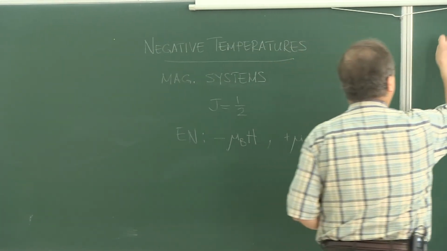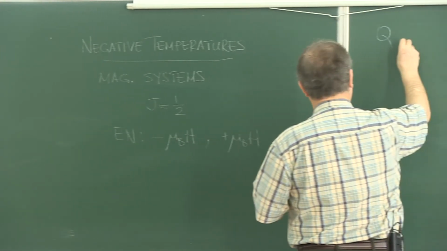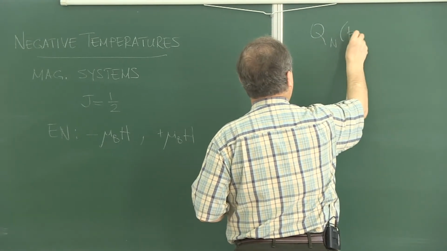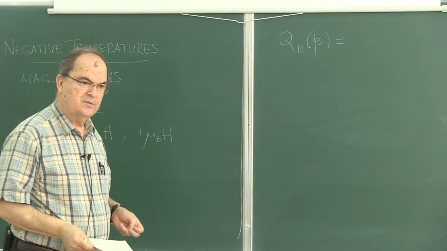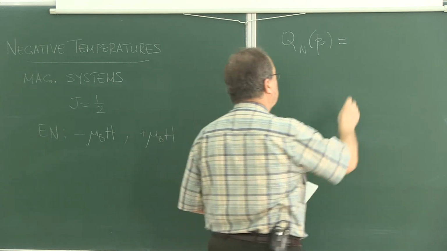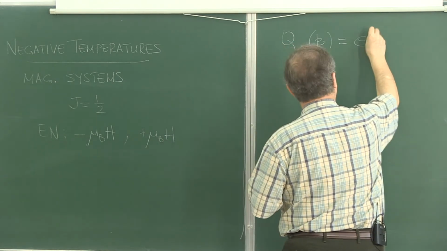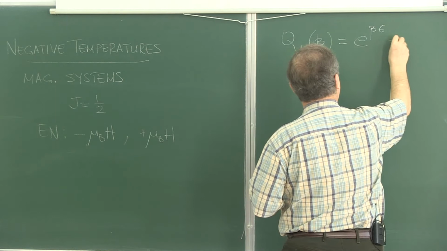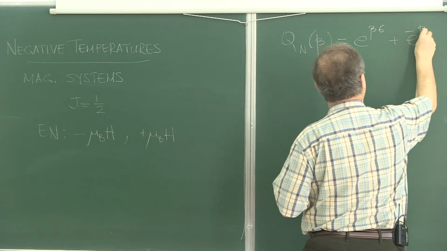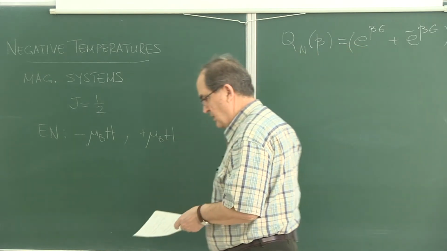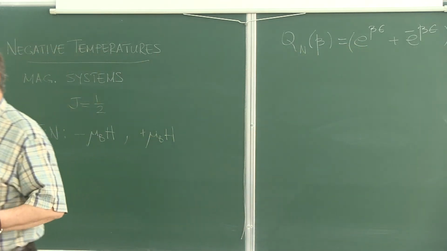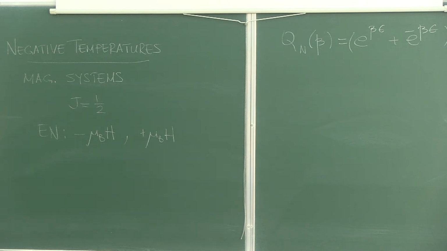Let's see the partition function once more. Very simple. The single particle partition function is e to the beta epsilon plus e to the minus beta epsilon, to the power N. If they are distinguishable, if they are sitting at lattice points, spatially we know where they are, so they are distinguishable.